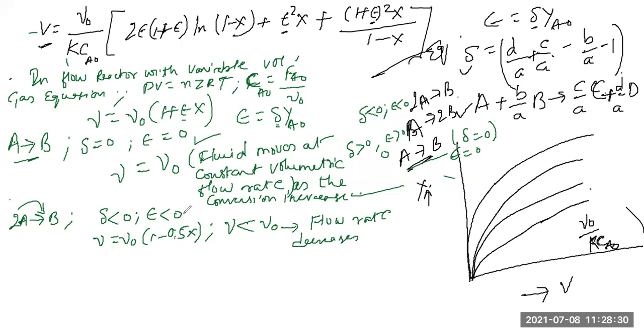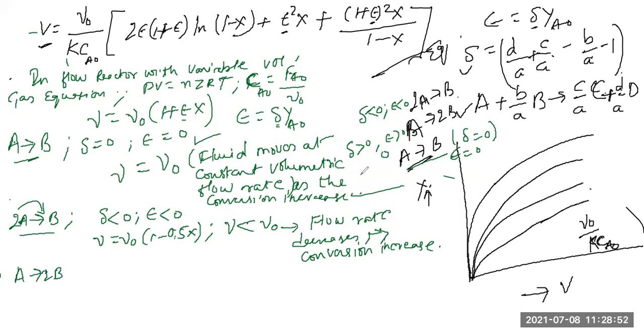So when there is a decrease in the number of moles, conversion will increase, right?